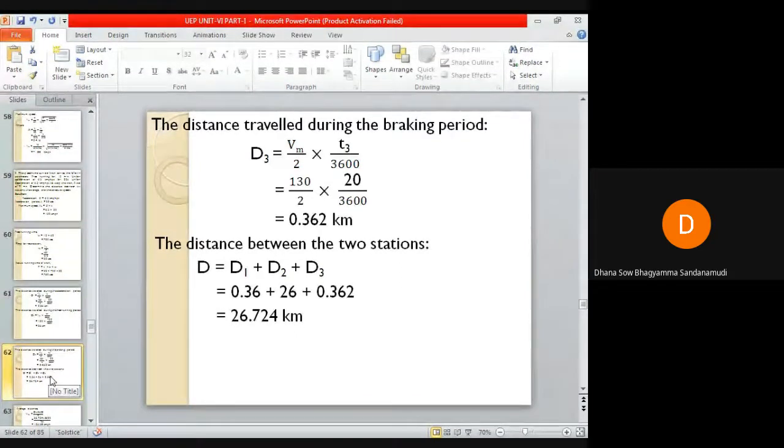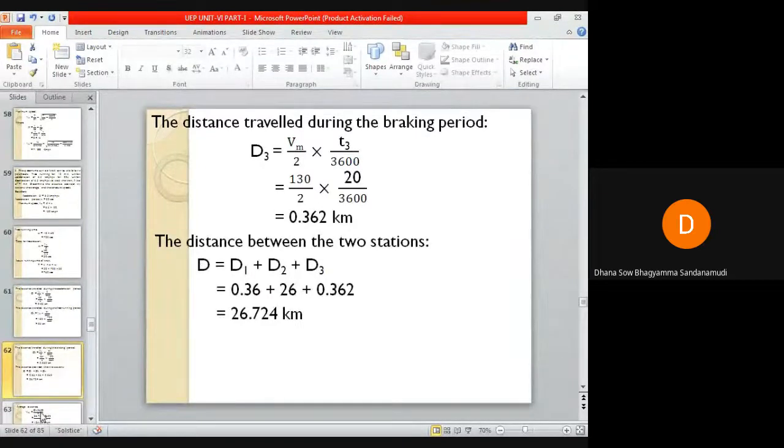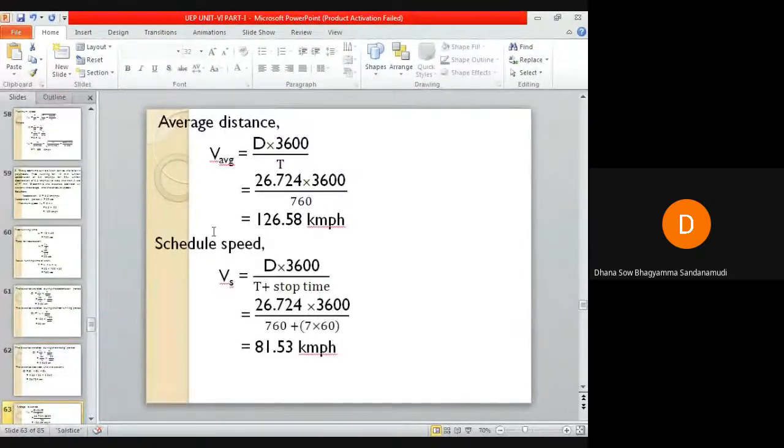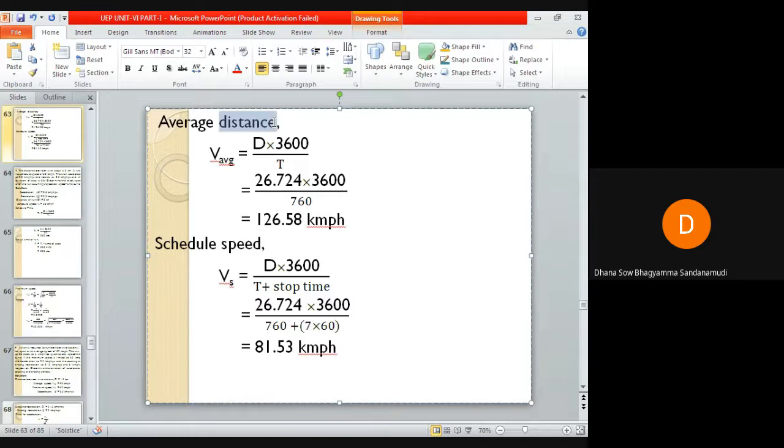Now we know the distance traveled between two stations. We can determine the average speed and the scheduled speed. The formula for the average speed is d into 3600 by t, where d is the total distance traveled from one station to another, and t is the total time of run of the train.